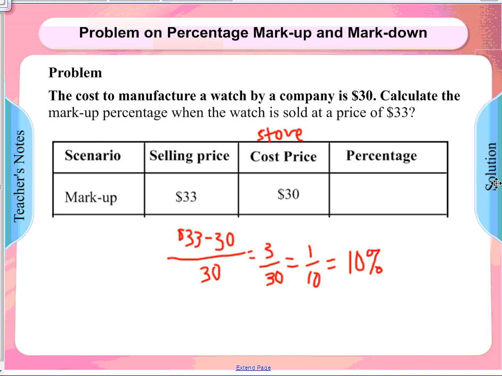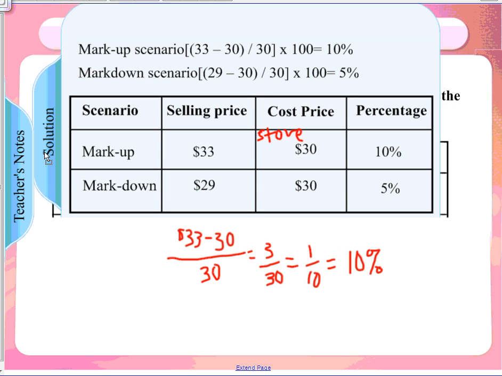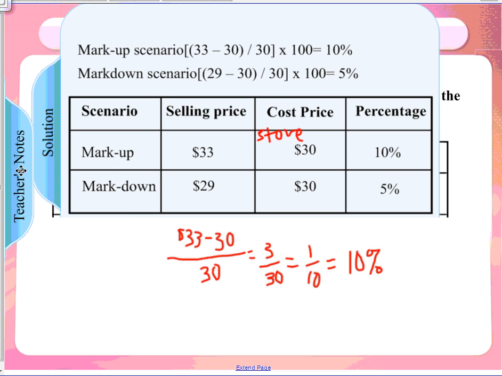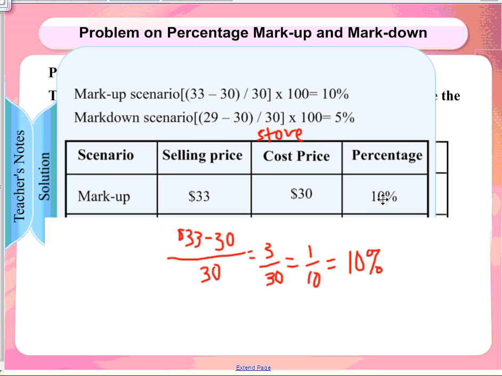All right, so in this case, I'll just show you how it works. In this case, the markup is 10%. Okay, so we would say that the store marked the price up by 10%.